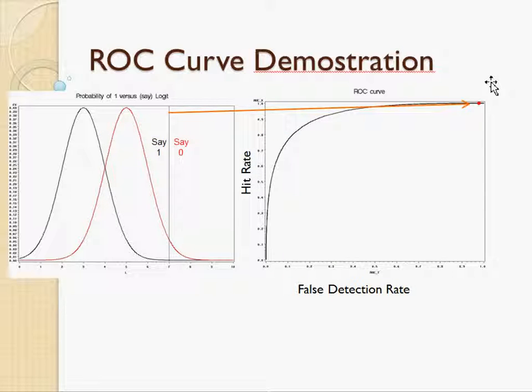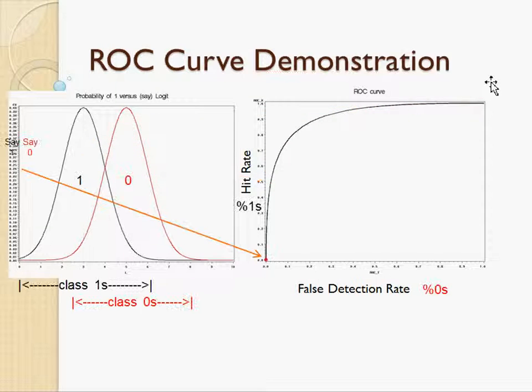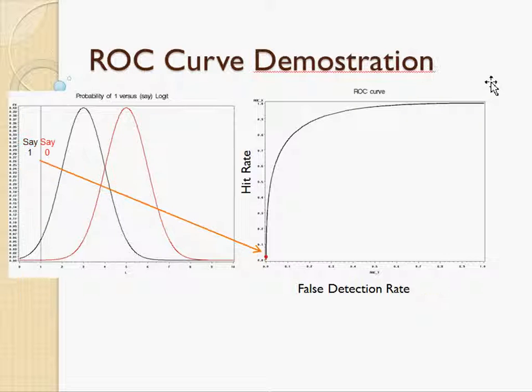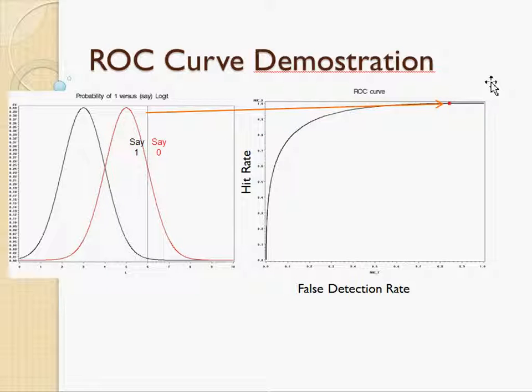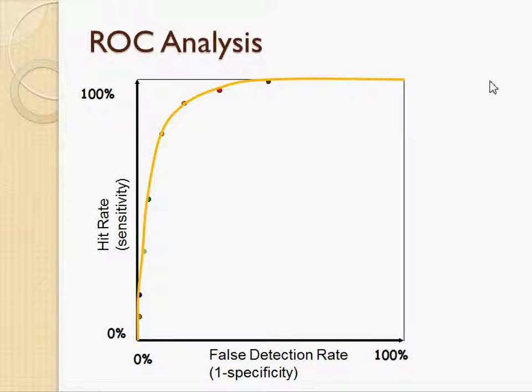So let me show you this again, so it will give you a better idea to see how this ROC curve is constructed. I start with the threshold on the left and I move it to the right. In the process, you see the ROC curve is constructed and the curve will look like this. Okay, so this is the final ROC curve.